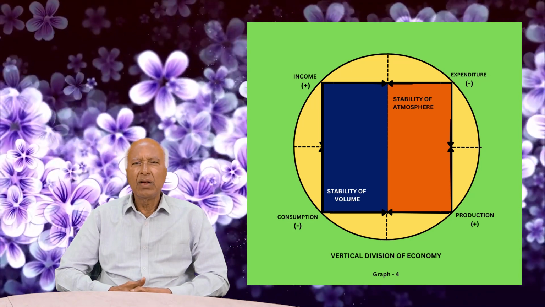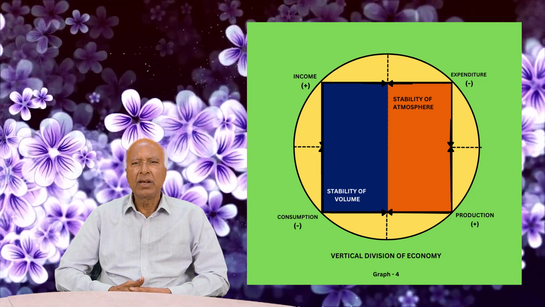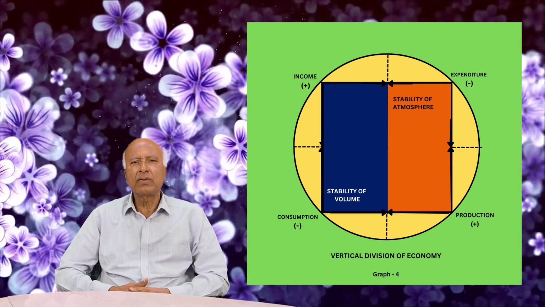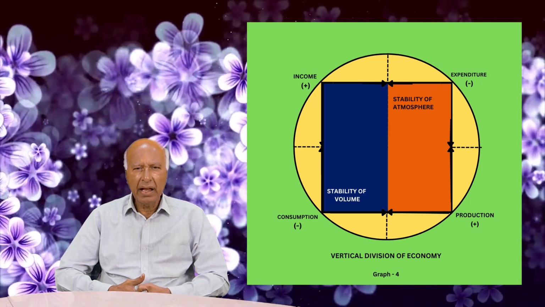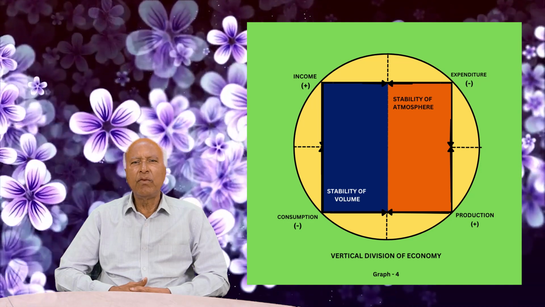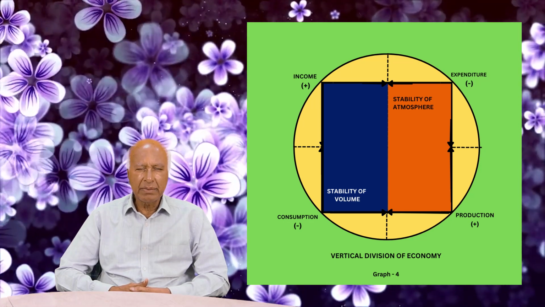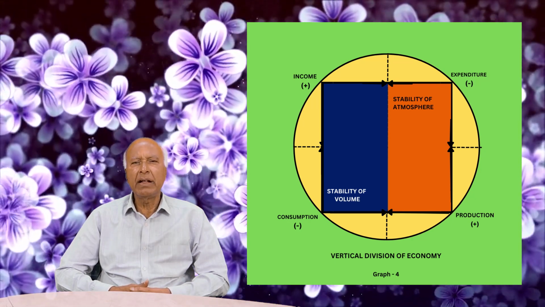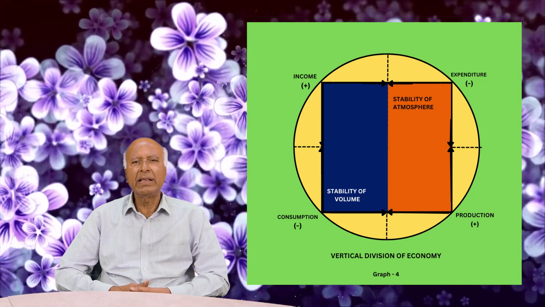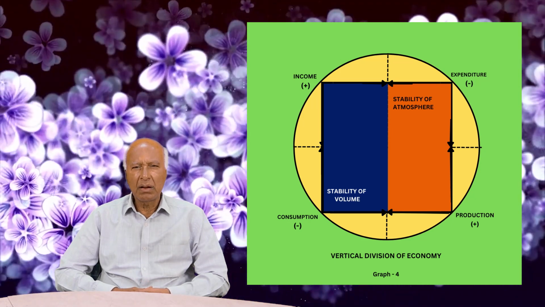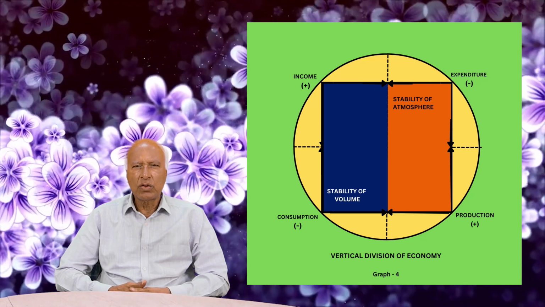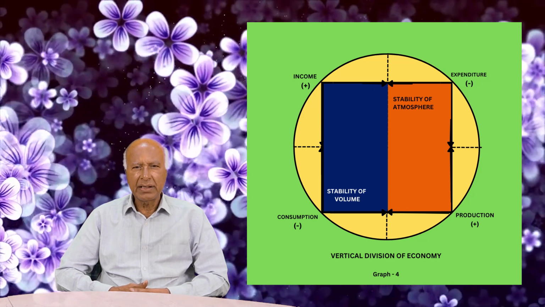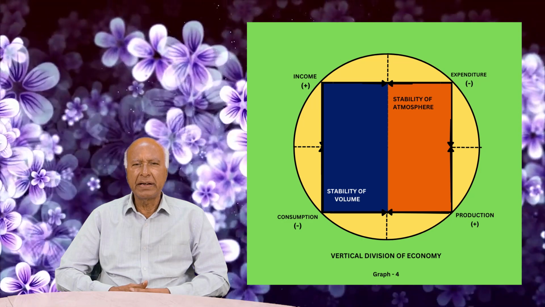It has one pole, consumption, which is physical, and its monetary equivalent, which is the income applied. So income is the monetary value and consumption is the physical equivalent of it.